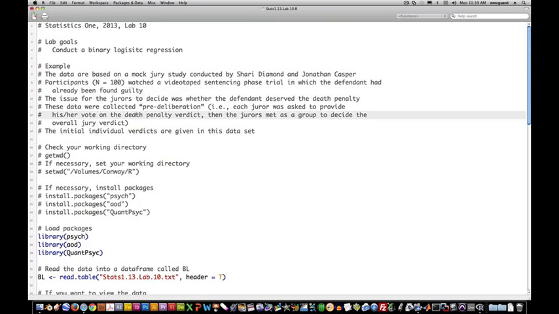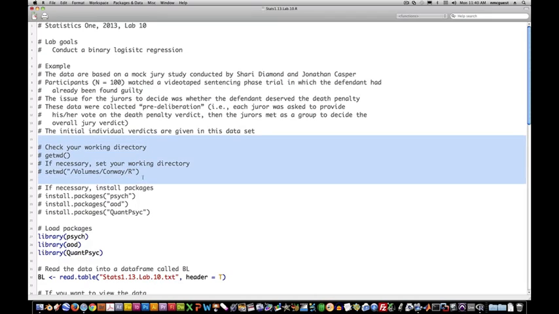So this is a good example where the dependent variable has to be binary. They have to vote for the death penalty or a life sentence. There's no in between. We can't make this continuous. So just 0 or 1. Do you want the death penalty or a life sentence in prison? The initial verdicts are what's given in the data set.